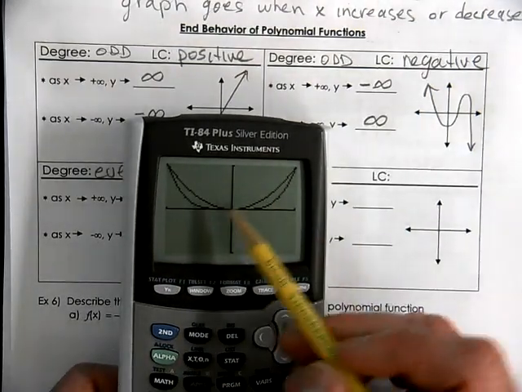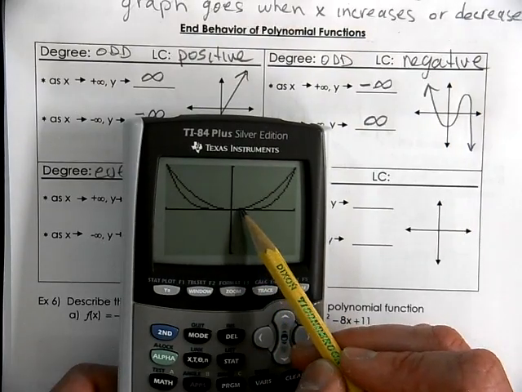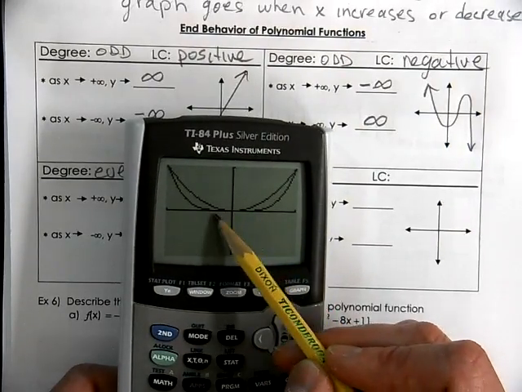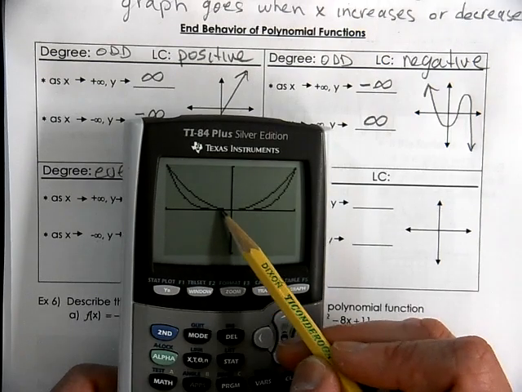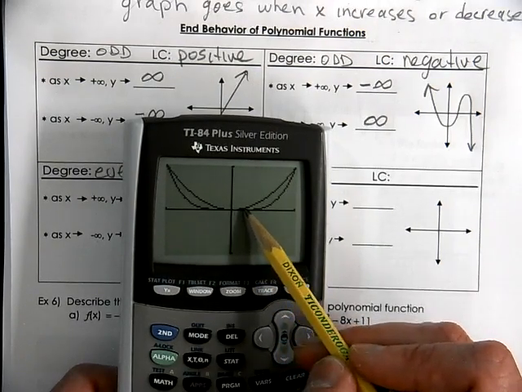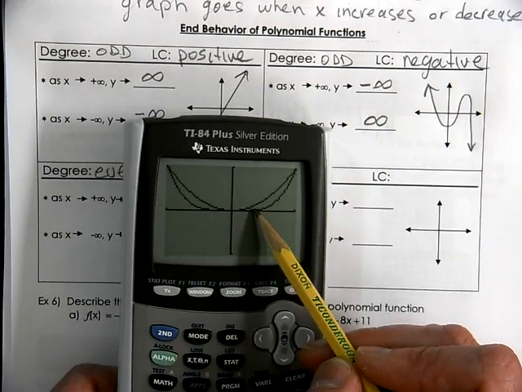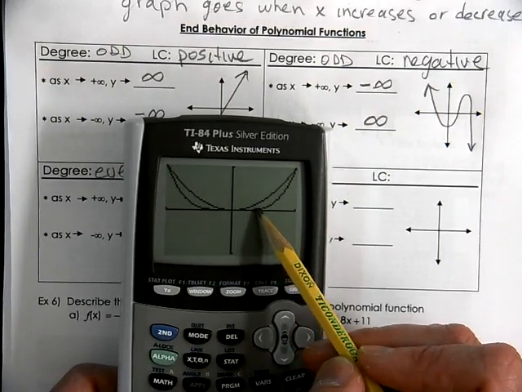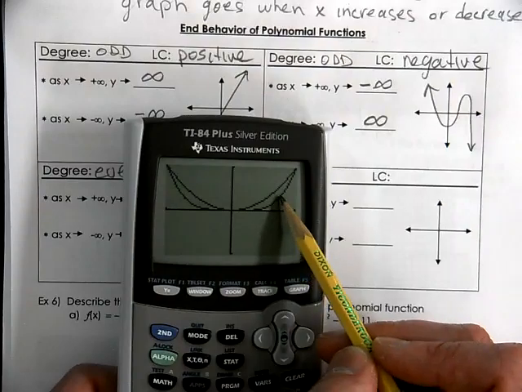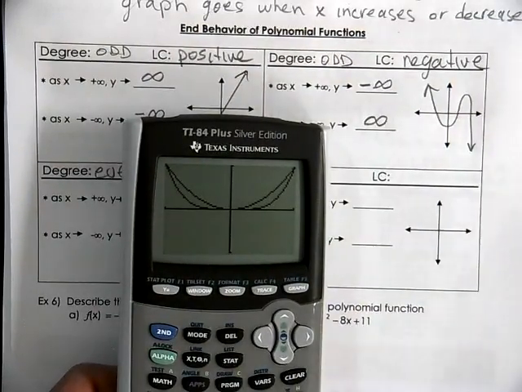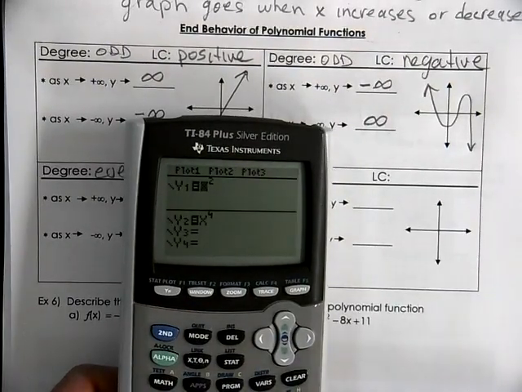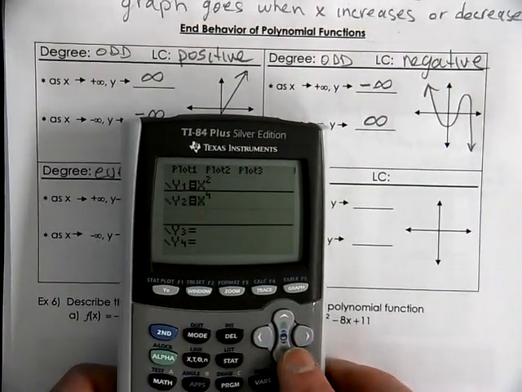It almost looks like that 4th degree is going flat across horizontally, but it's not. It's just the pixels can't show more decreasing all the way to 0. It does not increase as quickly for a while until it gets up to this point. This is 1. Okay?